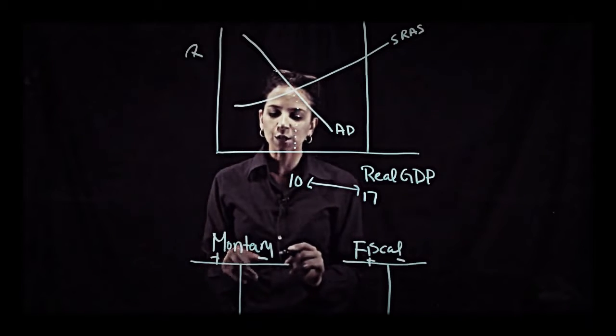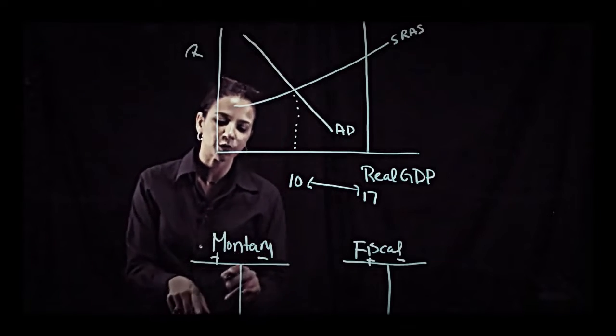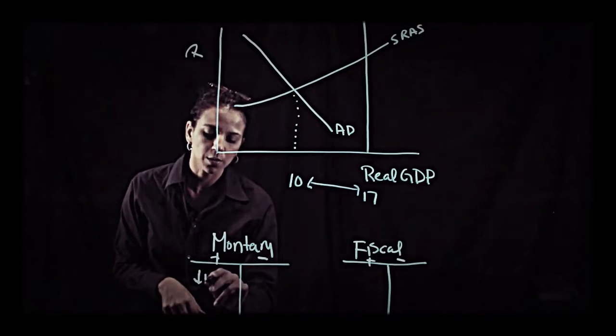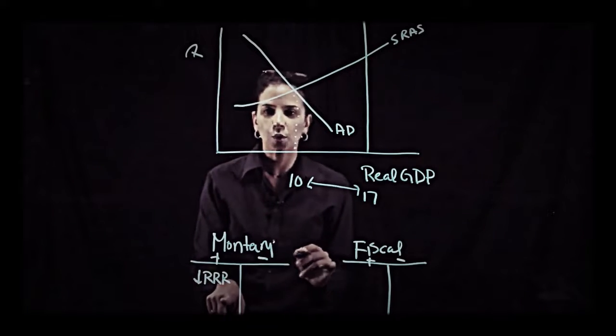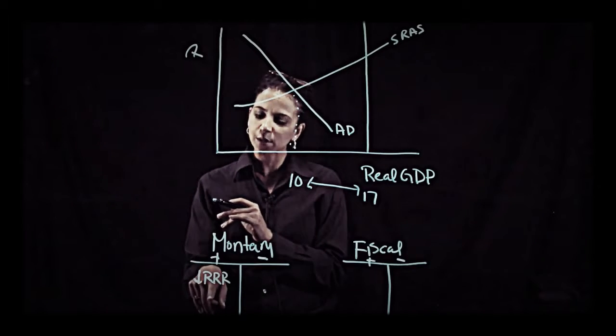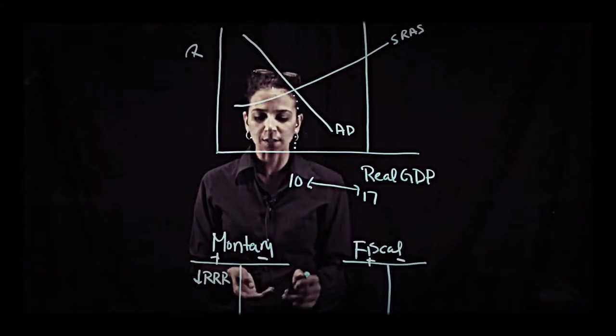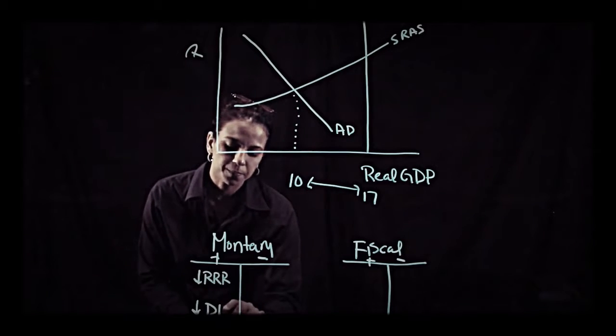So some of the things that I can do as far as the Federal Reserve is concerned, they could manipulate the required reserve ratios. If they lower the required reserve ratio, and remember the required reserve ratio is nothing more than how much money gets locked up at the Federal Reserve every night, that means there's more money available for loans. They can also lower the discount rate.